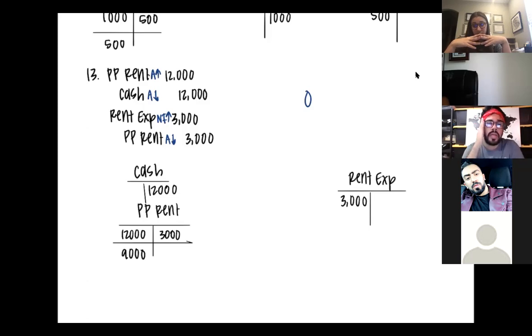So you bought an asset in exchange for an asset. You bought prepaid rent for cash. Since they're both assets, they cancel each other out because you're just transferring from one account to another. However, since this is an accrued expense, our prepaid is sort of like depreciating; we'll be using up the rent throughout the year.